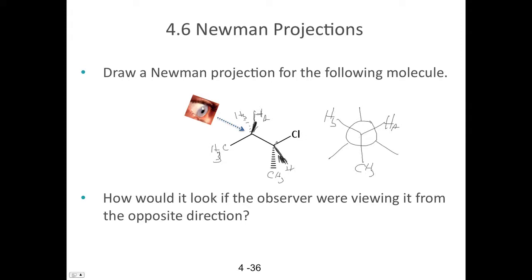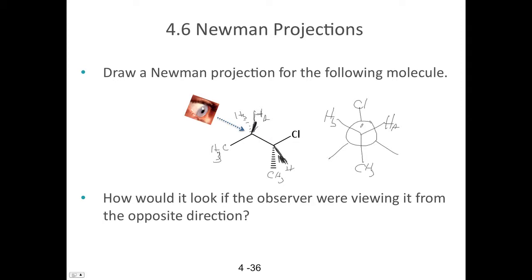So if this carbon-chlorine bond here is pointing up here, where will it be over here? If you said that it's going to be right here, you would be correct. Notice CH3, carbon, carbon, Cl is down and up. Look, this is all in the same plane.